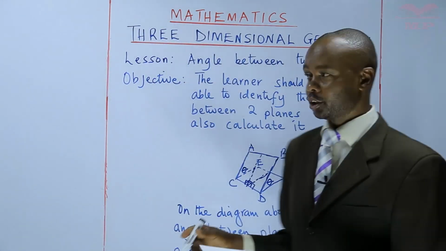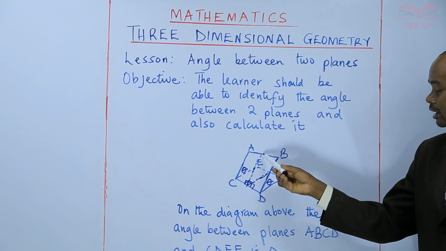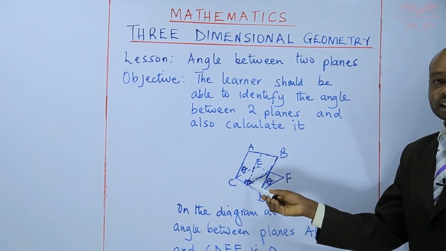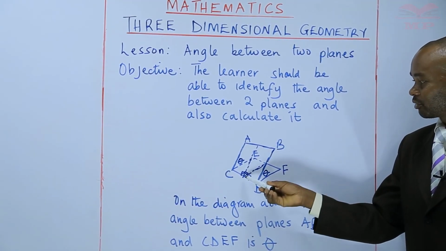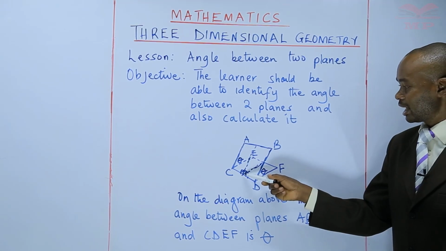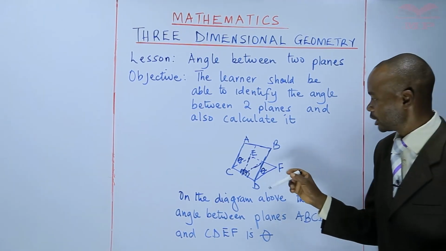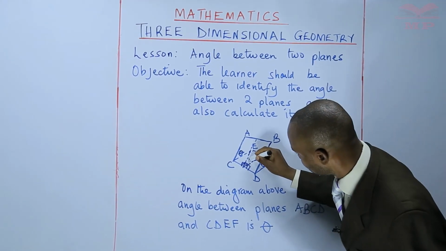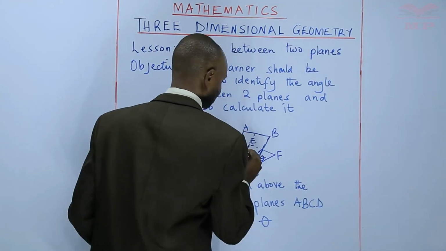The angle is actually got by taking a line perpendicular to the edge of the plane. In the other plane, you also take a line perpendicular to the edge of the plane. That is where you fix the angle. So this angle will also be equal to theta.